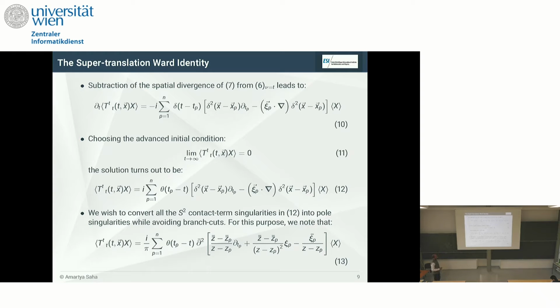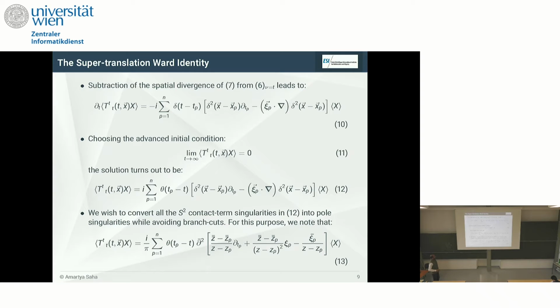I would like to make those contact term singularities into pole singularities, and we'll show that while doing so, we'll recover the Weinberg soft factor. We can just extract these two ∂-bar operators from the right hand side, so this is the identity on the right hand side.